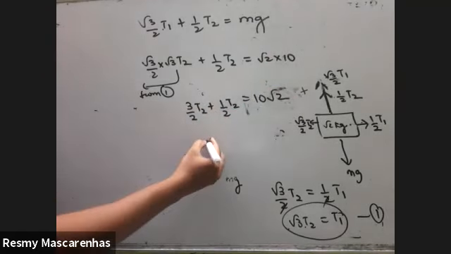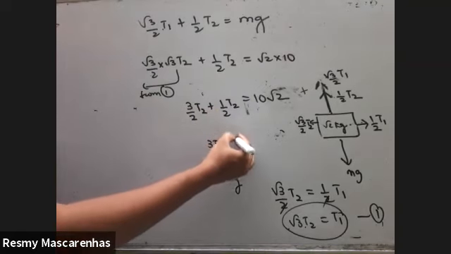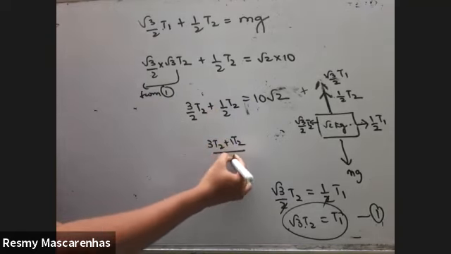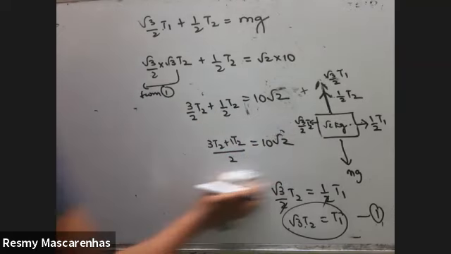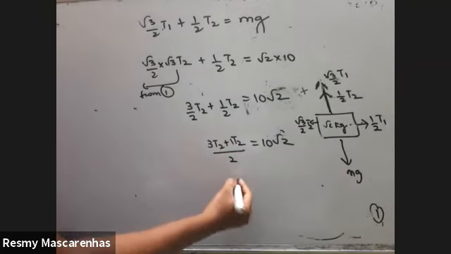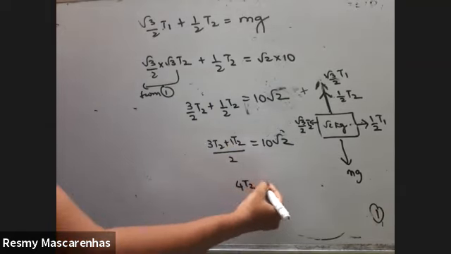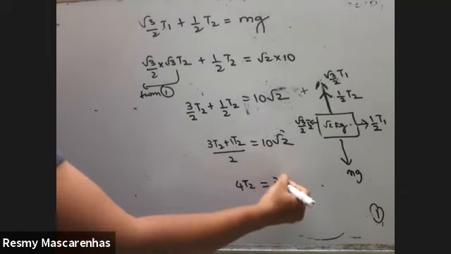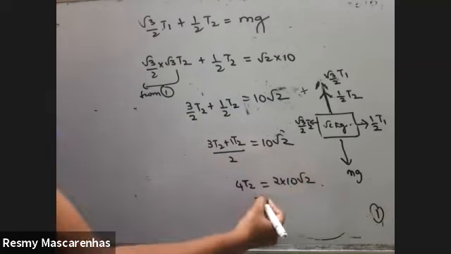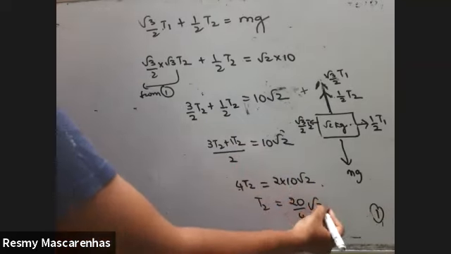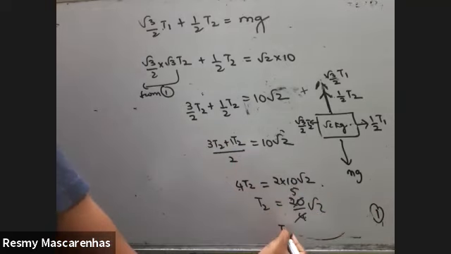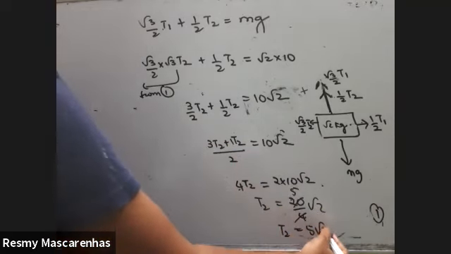Denominator is same. Three plus one gives 4 T2. This 2 will go up. This 4 will come down. 5. So T2 is how much? 5 root 2 Newton.